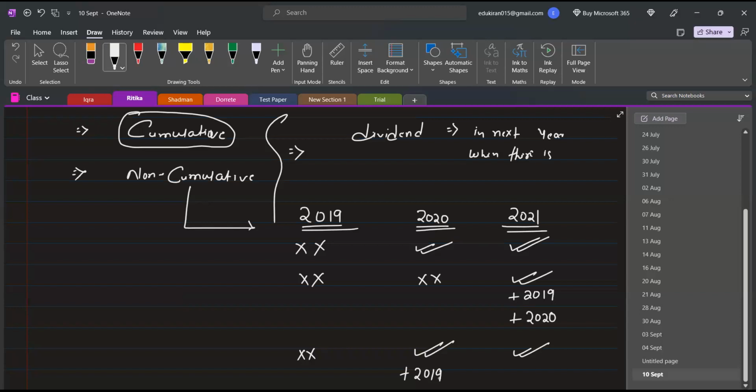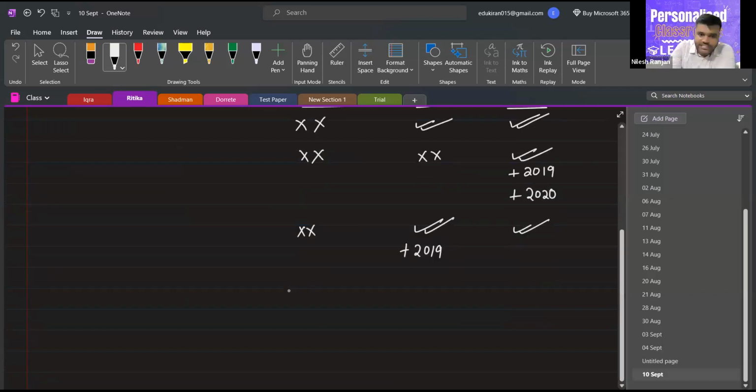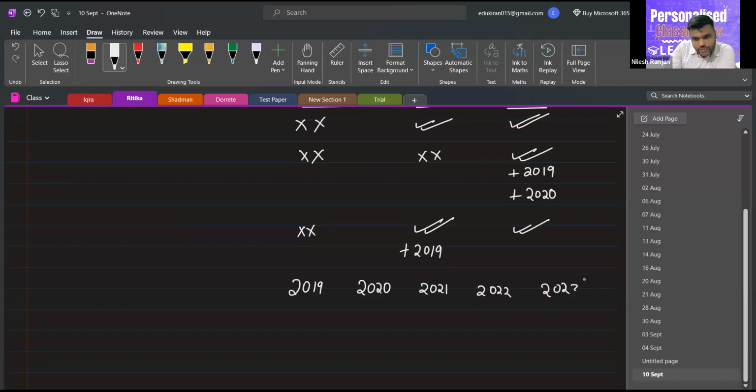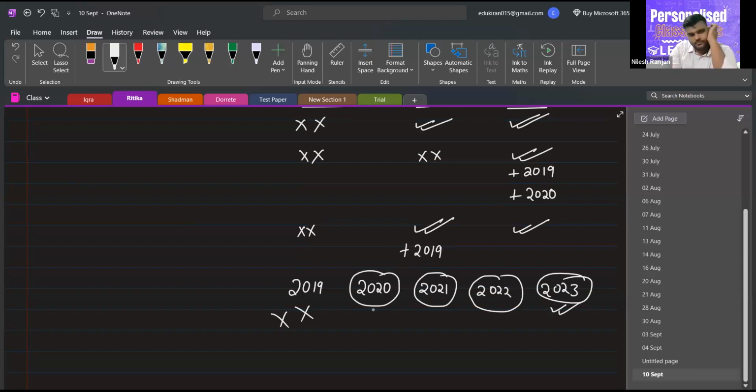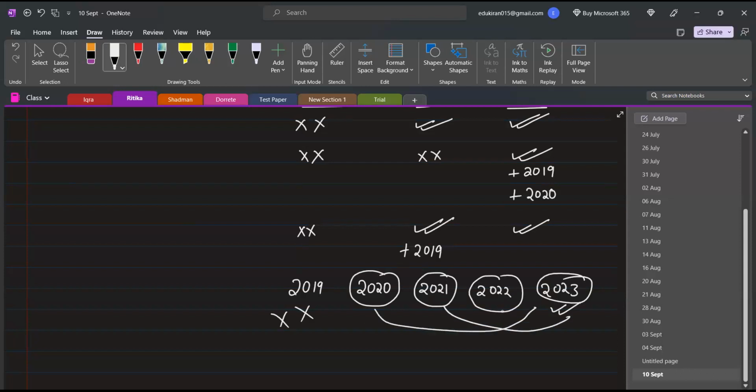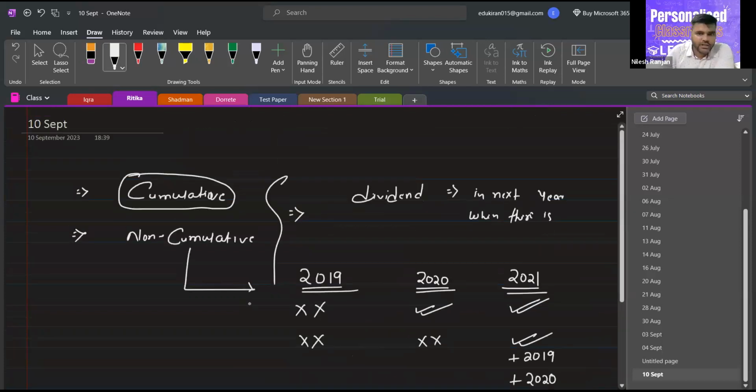So if we have not paid any dividend in 2019, 2020, 2021, and 2022, and if there is profit in 2023, then we will pay the dividend of 2023, and we will pay the dividend of 2022, 21, and 20 only, not 2019. So this is the condition attached to it.